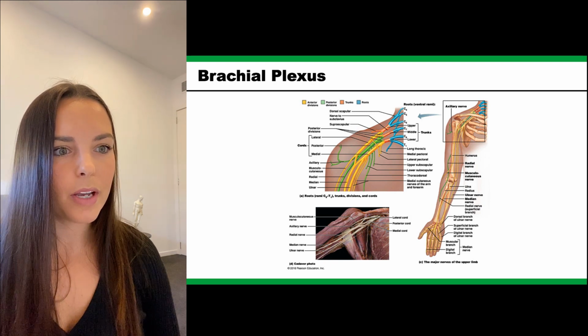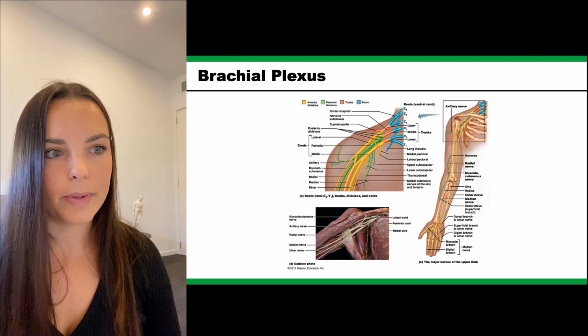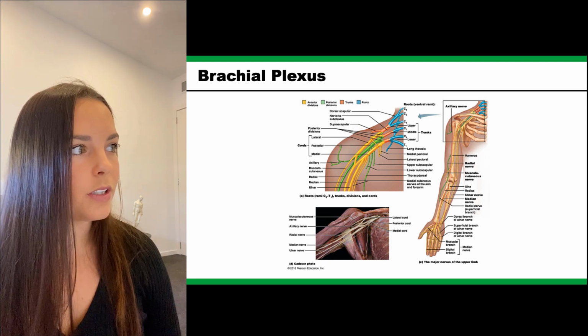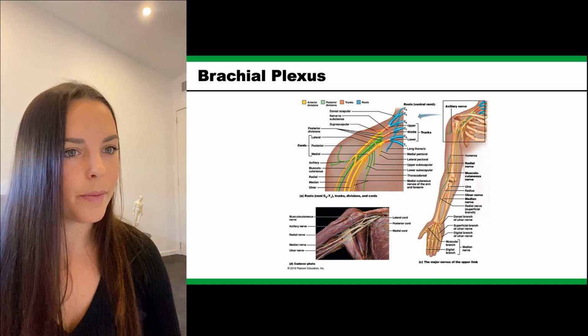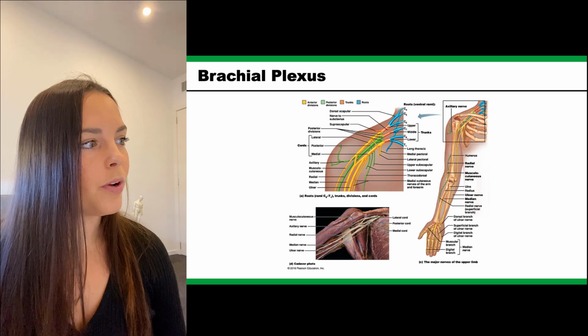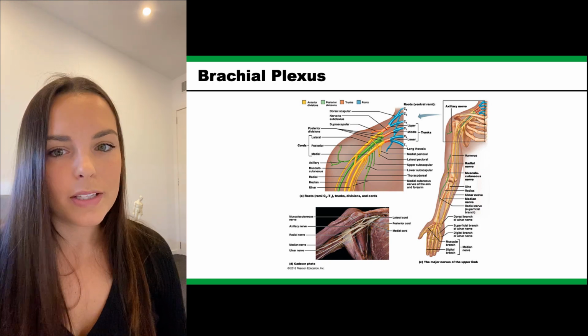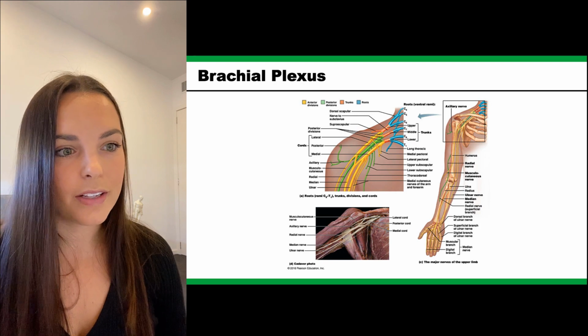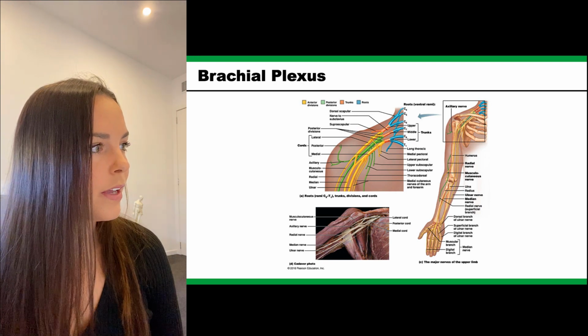And it becomes quite difficult to identify what's going on here. And you can see in these pictures, there's a lot of labels going on, so that adds to the complexity as well. But if you look at the picture at the bottom, that white stuff that looks like string cheese, those are our nerves, and that is the brachial plexus that you're looking at.